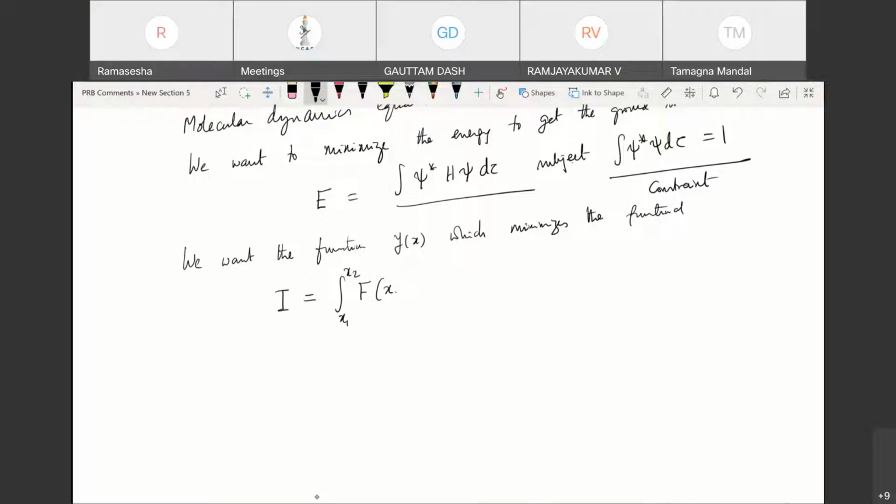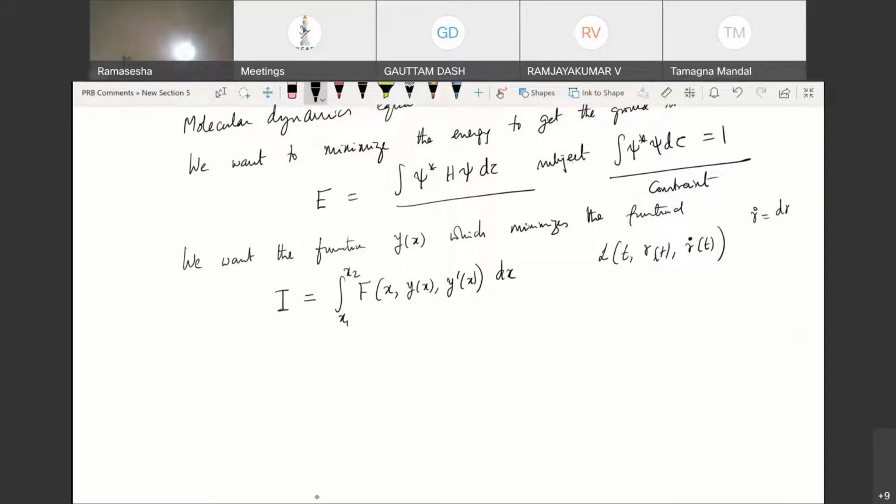In the case of the Lagrangian, it is basically a function of time, r of t, and r dot of t, which is the differential of r with respect to time. Like I always said, whenever you are differentiating with respect to time, you put a dot on top of the variable to show that r dot is equal to dr by dt. But whenever you have a function of x, it is y prime. So usually that is the notation used. So now I want to minimize this.